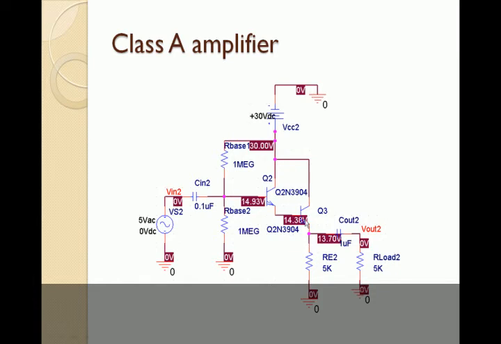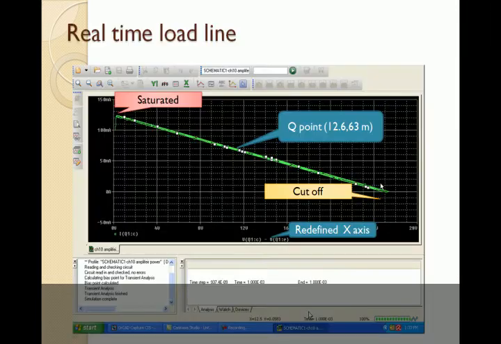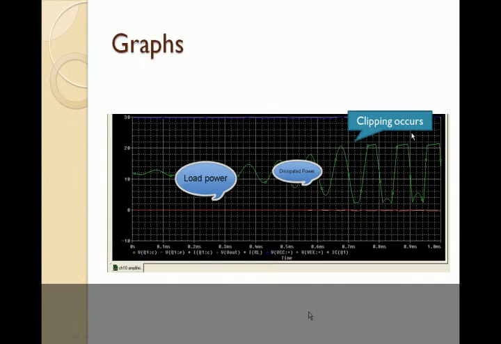This is the Darlington pair of transistors, and we are grounding the collector, so we have the emitter connected to the load circuit of 5K. Now these are the graphs we obtain: the load power, dissipated power, and the clipping occurs.